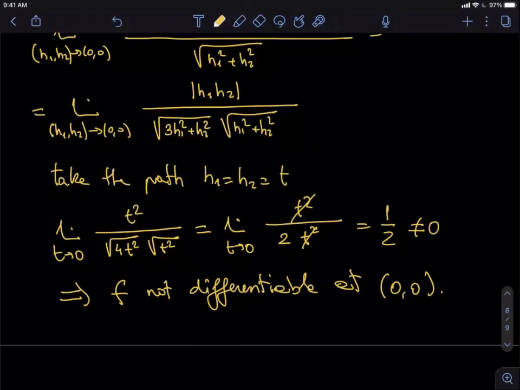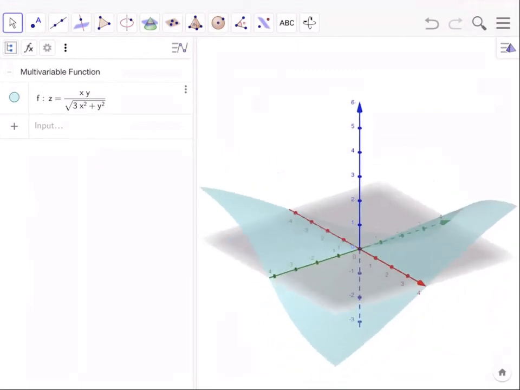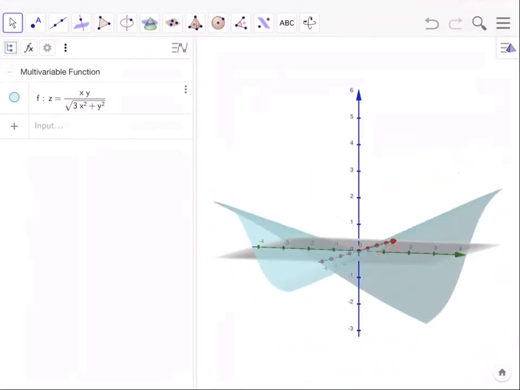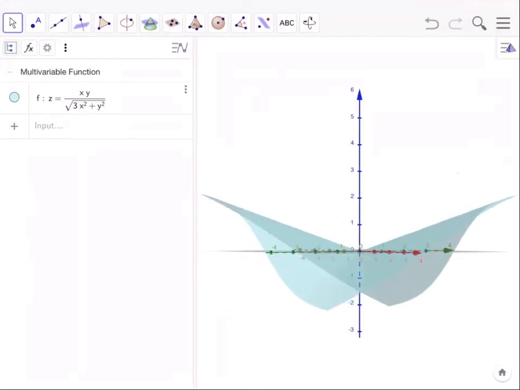Now, you may be wondering, how does this look geometrically? So I plotted the function for you. Here we have it. When you see this function, it looks clearly continuous at 0. That's what we got. But if you look at the function from this profile, it looks like the absolute value of x, maybe with a different slope, but it's a corner.